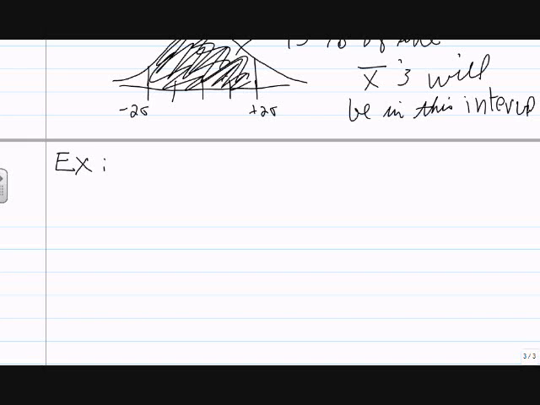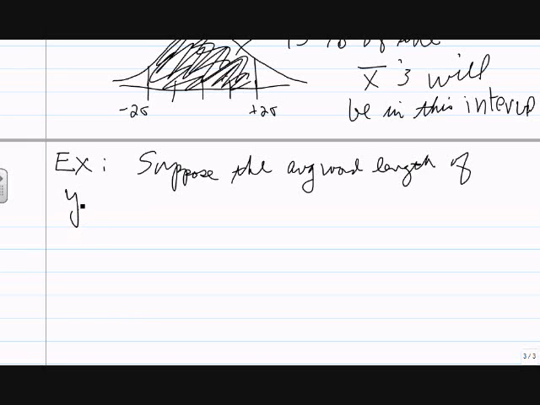Okay, so let's suppose the average word length of your textbook is 5 letters.